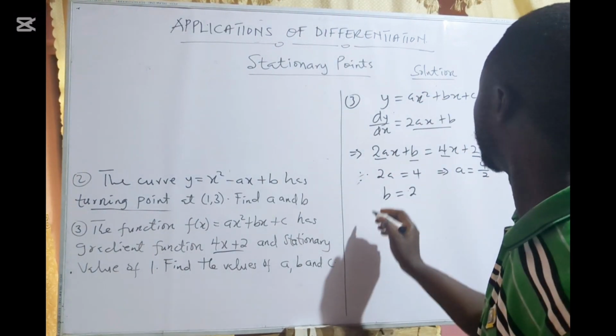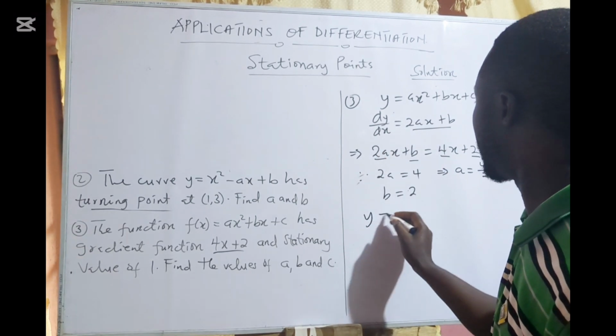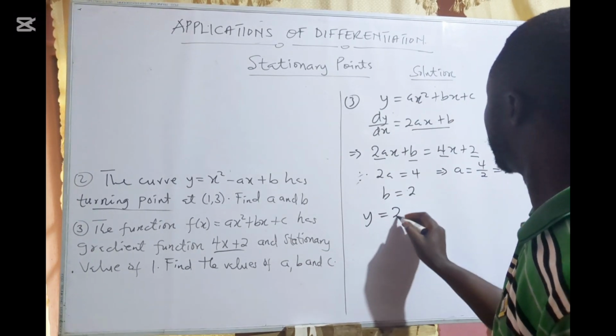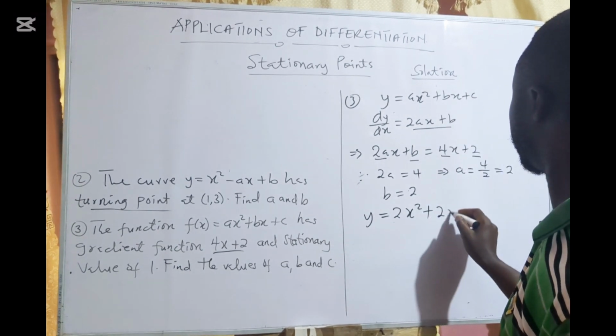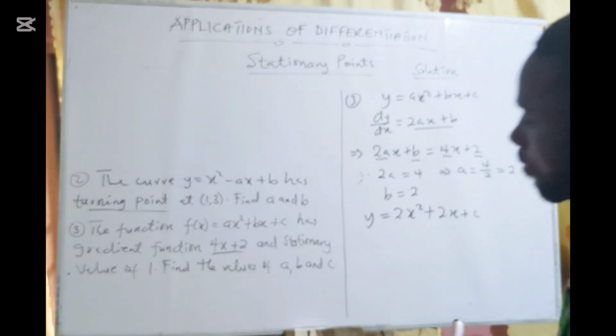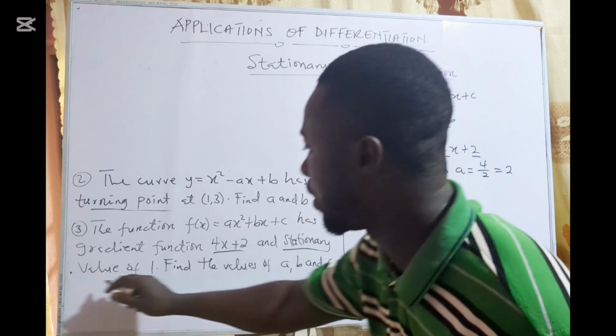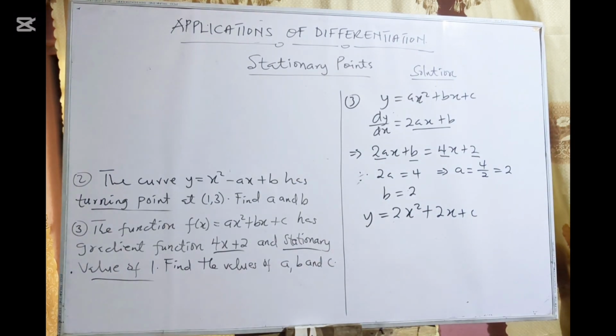So I can rewrite the function as y is equal to 2x squared plus 2x plus c. Alright, and we're given the stationary value as 1. What you should know is that the stationary value is the y value at which the curve is at the maximum or the minimum.